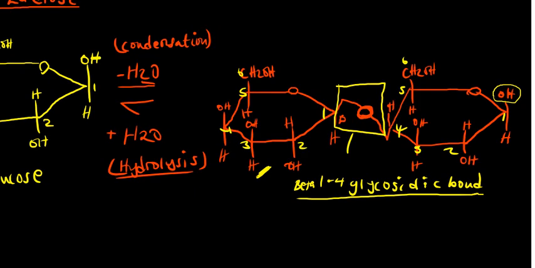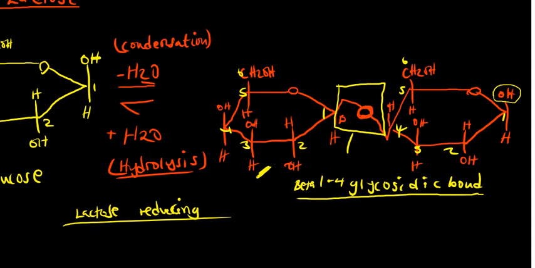So that means that the functional group, the aldehyde group, is free here to participate in the other reactions. Hence, lactose qualifies to be a reducing sugar. These are the things that come in the test, so make sure you understand this point here.